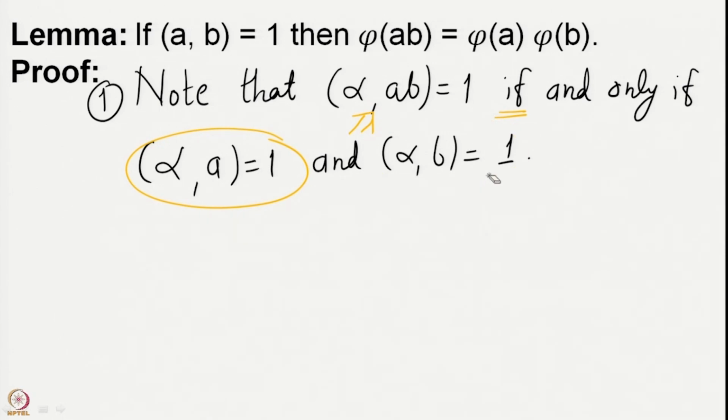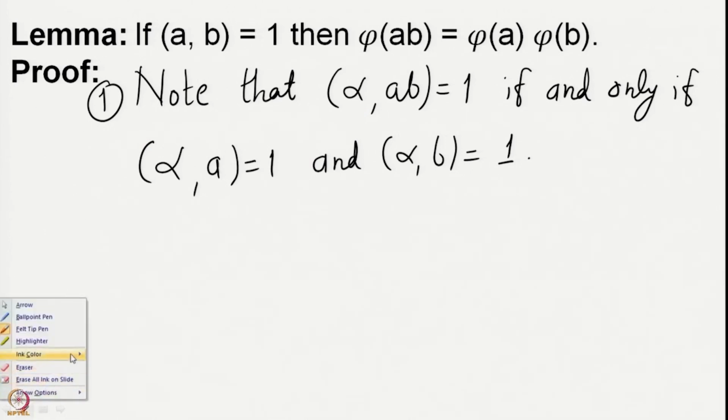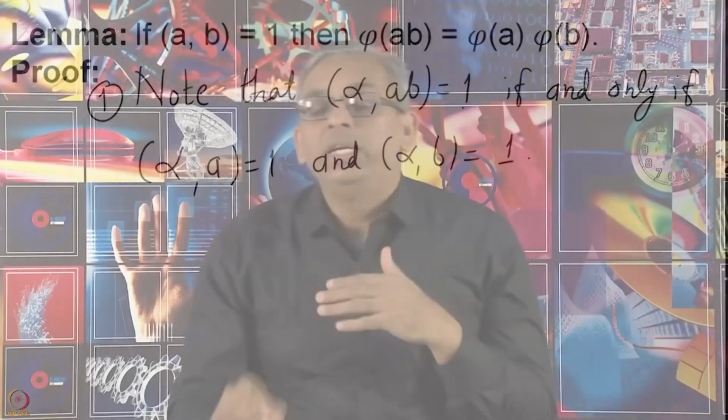If you have that (alpha, A) is equal to 1 and (alpha, B) is also equal to 1, and suppose now that (alpha, AB) is not equal to 1. So, we are assuming the contrary: that (alpha, AB) is bigger than 1, but (alpha, A) equals (alpha, B) equals 1.